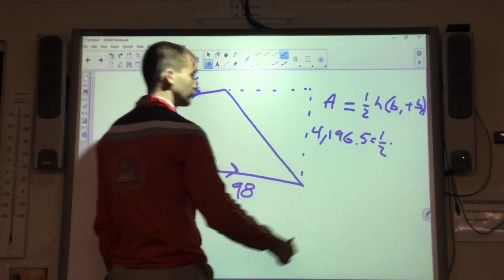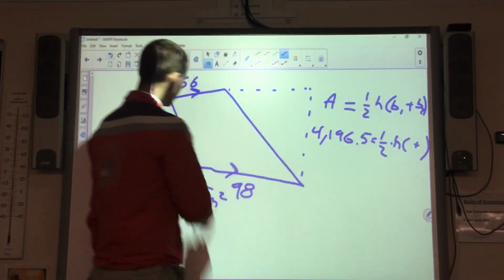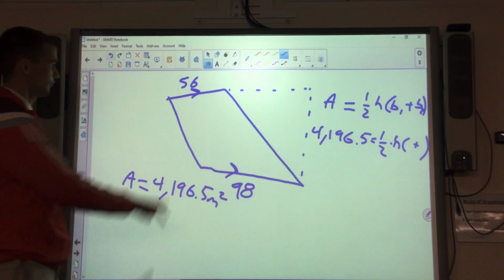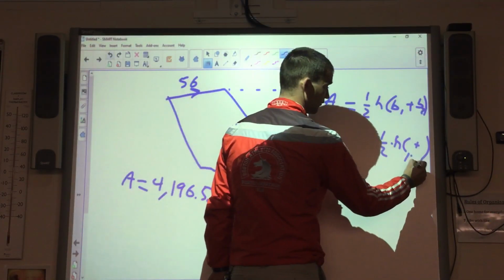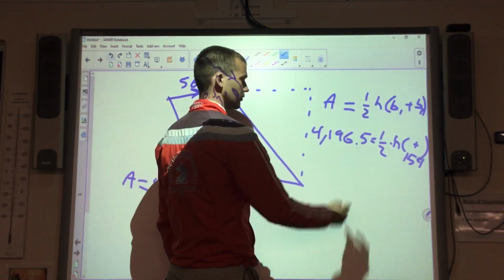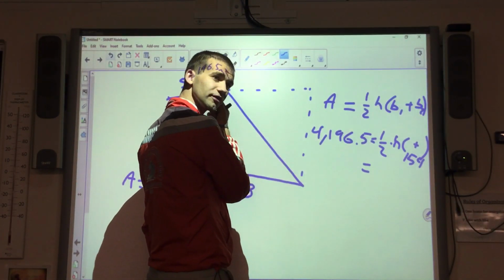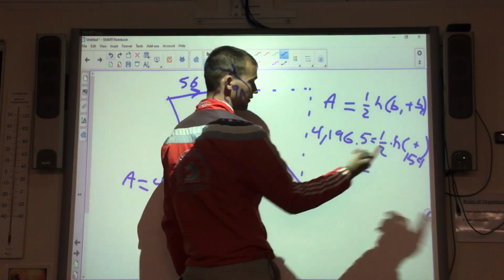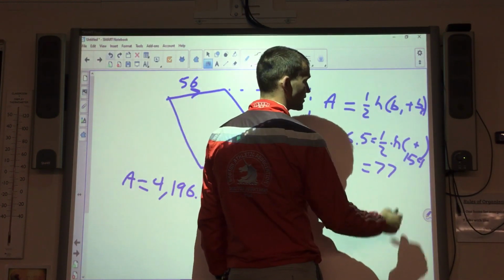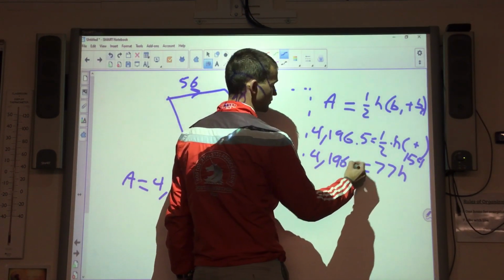We don't know the height, so we leave it as h. Then we have 56 plus 98. If I take 2 off this, I can get to 100. 100 plus the 54 is 154. 154 times 1/2: 150 times 1/2 is 75, 4 times 1/2 is 2. So 75 plus 2, 77h equals 4,196 and 5/10.